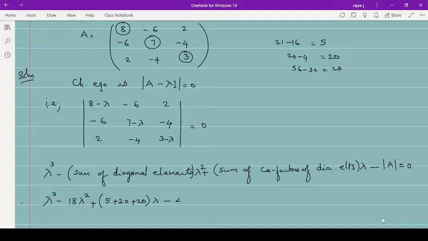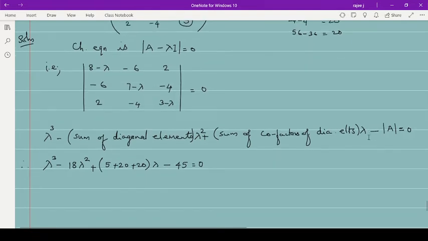Just find the determinant. Determinant of A will be 0 here, because you will get the 0.